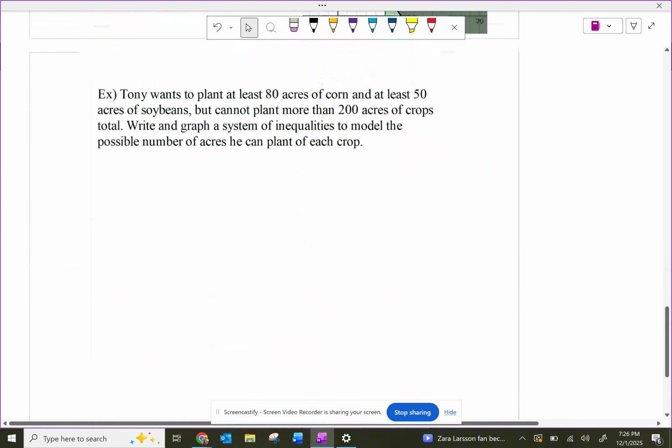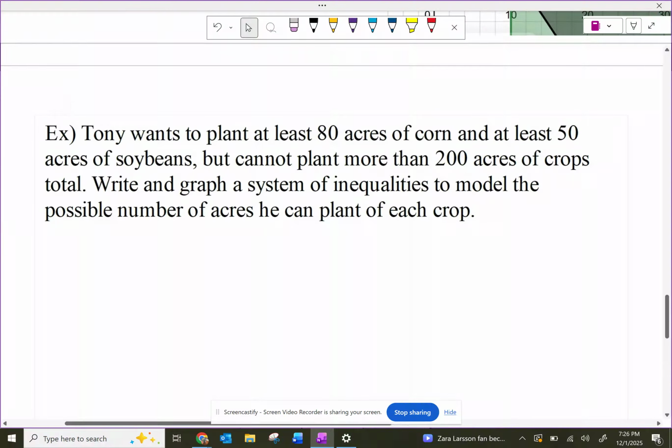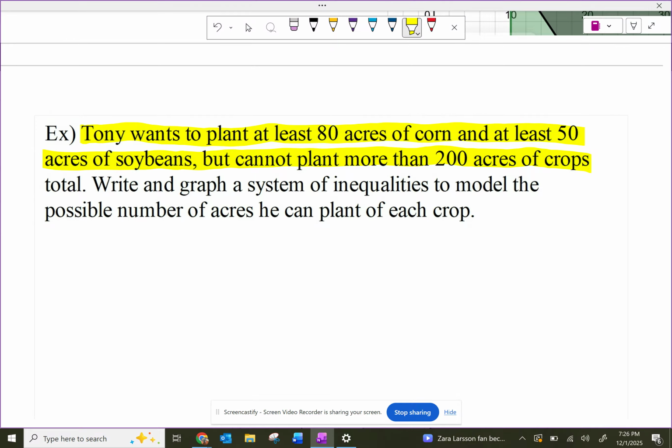And last but not least, we got the question: Tony wants to plant at least 80 acres of corn and at least 50 acres of soybeans, but cannot plant more than 200 acres of crops total. So let's write and graph a system of inequalities to model this possible number of acres he can plant for each crop.